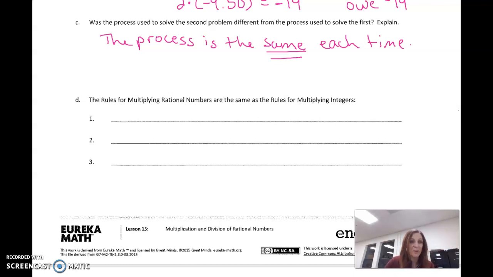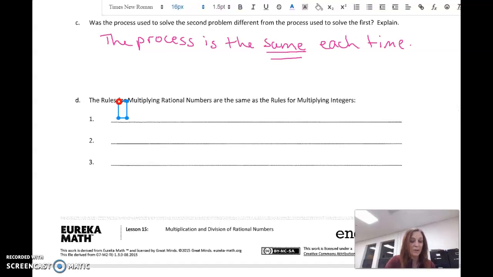Let's remember those. I'm going to help myself out here because I'm struggling apparently. We multiply the absolute values. So you start by multiplying the absolute values.